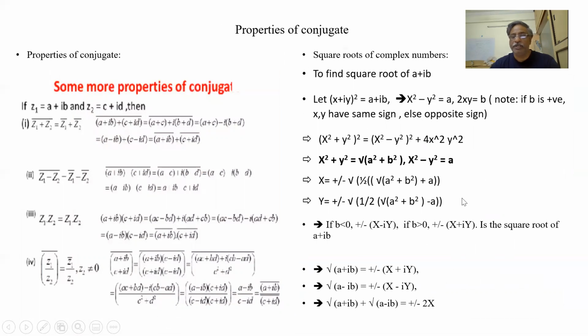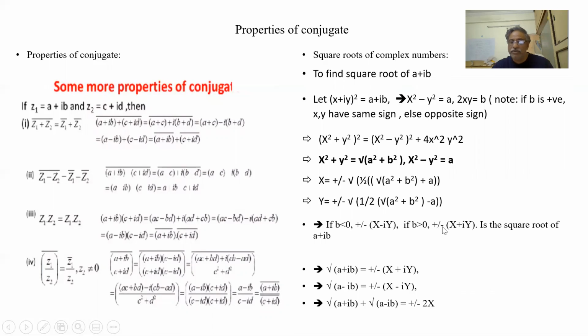Here one thing is important. If b is plus, then both x and y are plus. If b is minus, they have opposite signs. This is how to remember. So if it is a minus ib, where b is positive, the square root is x minus iy. A minus ib square root is x minus iy.